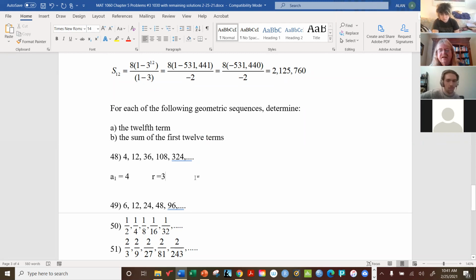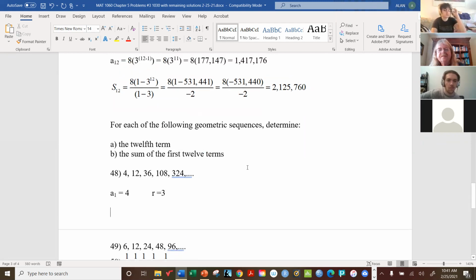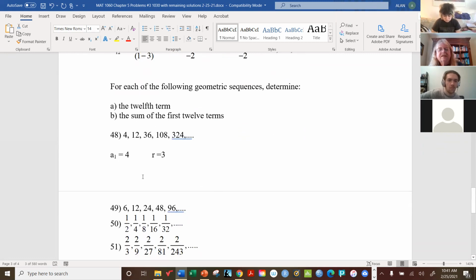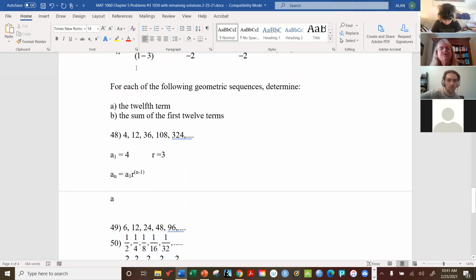And once that's been said, look how easy it is to figure out the 12th term. Let's go back and grab this formula. We've got A12 is 4 times, the common ratio is 3, and now that means the exponent will be 12 minus 1.